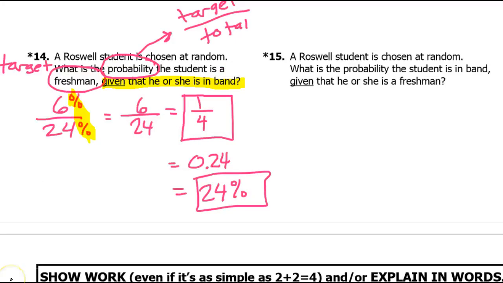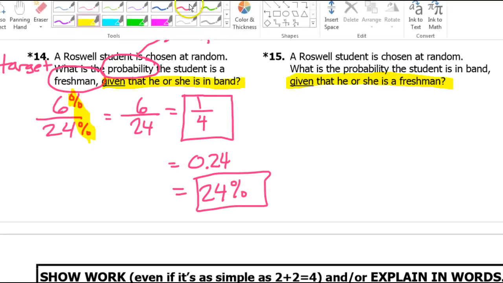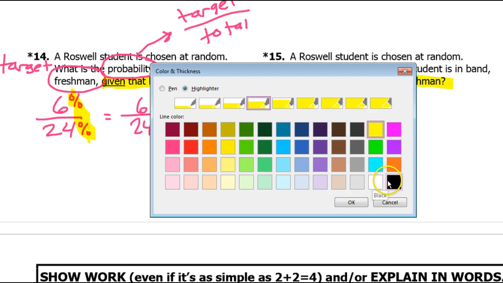All right, let's do one more. A Roswell student is chosen at random. What is the probability that the student is in band given that he or she is a freshman? So this time we are given freshman. When you're given something, that becomes the brand new, smaller universe.